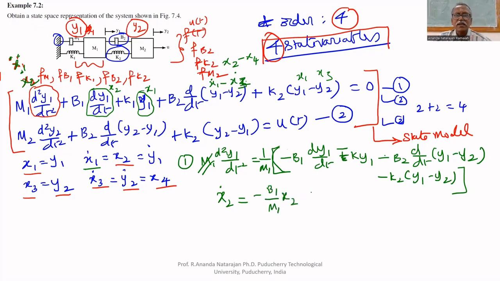On the right hand side, we should not write any derivative, so we should not put x1 dot, we should put x2, because x1 dot equals x2. Minus k1 by m1 times y1, which is x1, minus b2 by m1 times the derivative of y1, which is x2, minus the derivative of y2, which is x4.